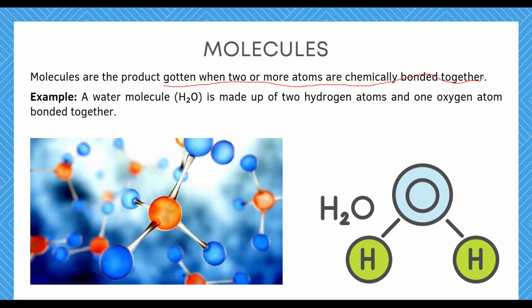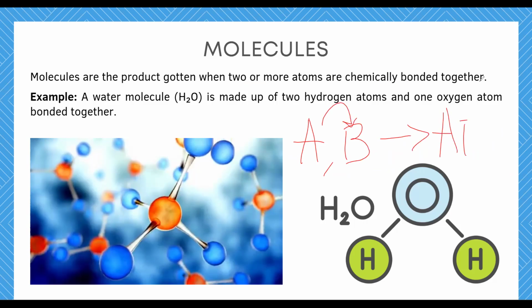So, for instance, let's say you have one atom A and another atom B. When this one is joined to this one, they produce something called AB. This AB here is what we call a molecule. Why? Because two atoms have been joined together.